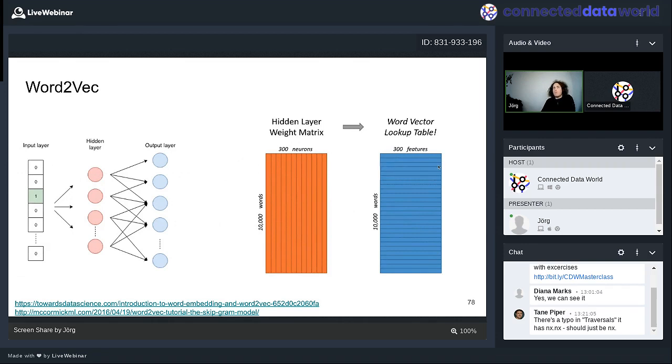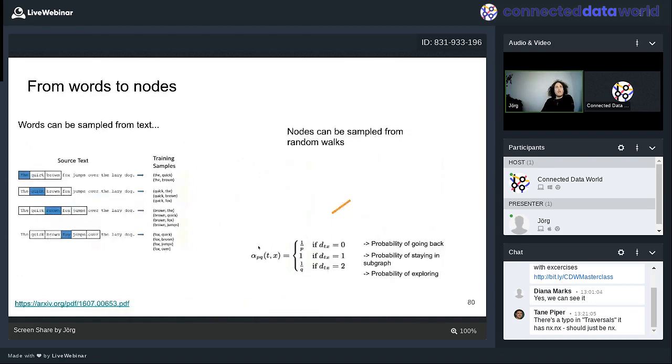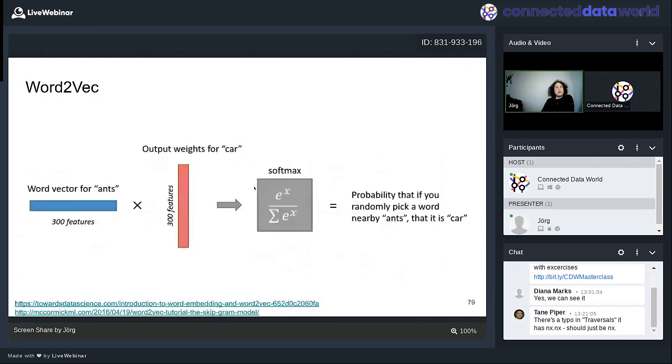And this is now kind of the magic here: we don't care about the network's classification performance, but we take that hidden layer and interpret it as a lookup vector. So again, this would be the embedding we want to look up for king, for example. And then with those embeddings, we can calculate the probabilities of things occurring close to each other. And basically, we end up with our embeddings.